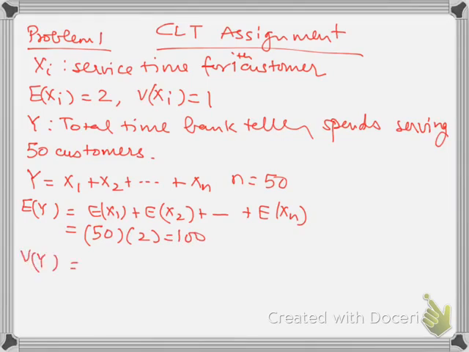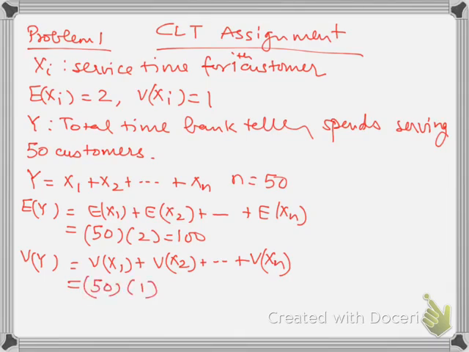Variance of Y again is variance of x1 plus variance of x2 plus up to variance of xn, which is 50 times sigma square, and variance of xi is 1. So that is 50. What we had to find is the probability that Y is between 90 and 100.